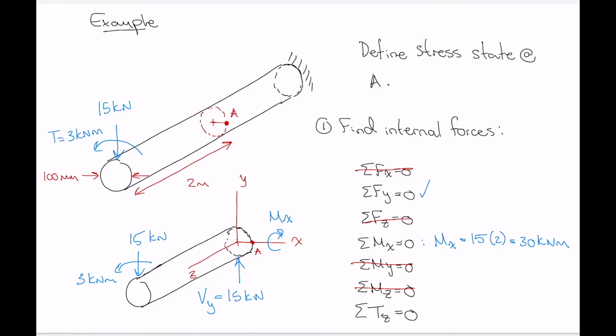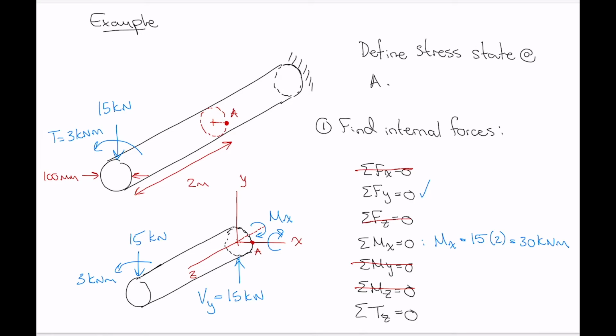We've got 3 kilonewton meters that way, so we need an internal torque here. Putting it on there might be confusing, so let's project this back out that way and put it on at the end. So we need one that's going that way.